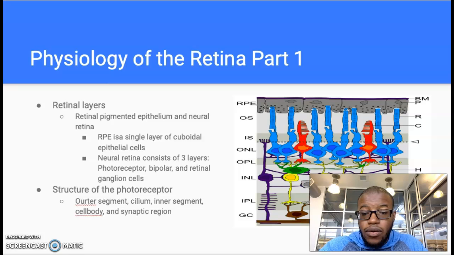In the middle, in those red structures, you can see the cilium. And then from there, you will see below the ganglion cells at the bottom, and it also includes rods and cones.